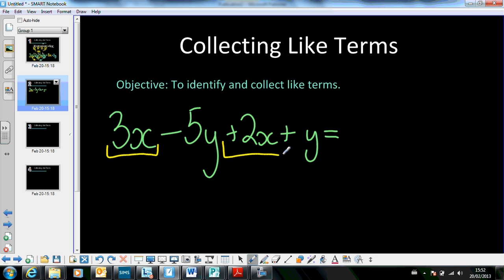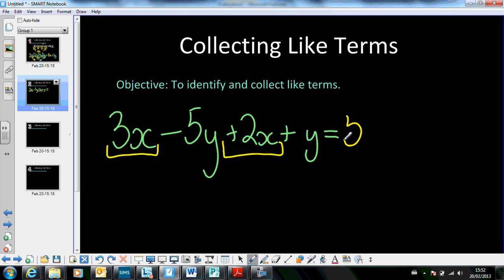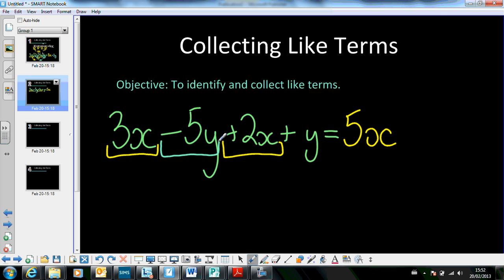So now I can collect together the x's again. 3x and plus 2x, including the plus. That tells me what to do. 3x plus 2x is going to make 5x. And if I look at the y terms, I've got minus 5y, including the negative symbol there, minus 5y plus y.